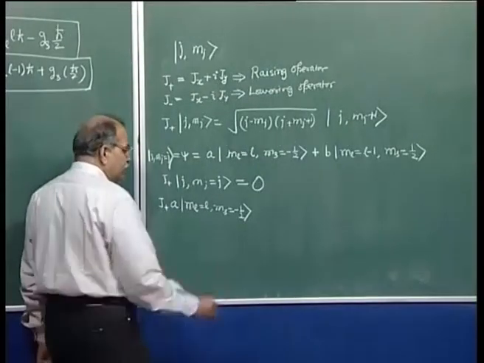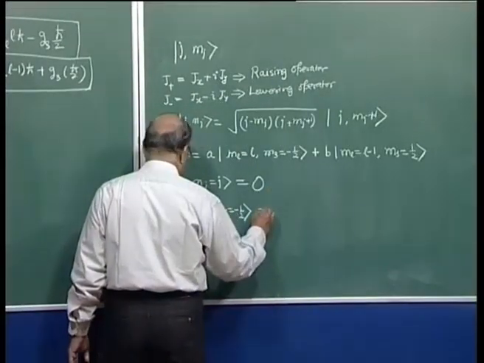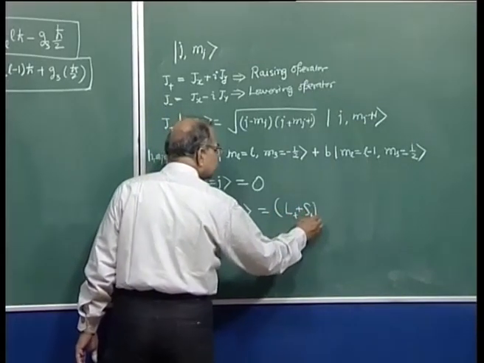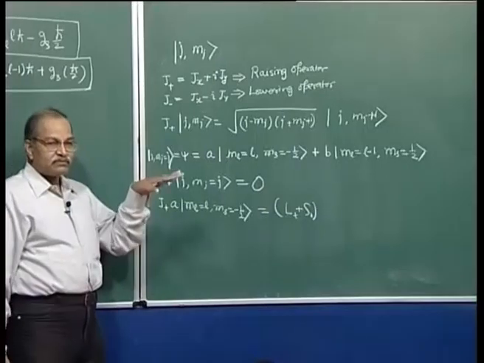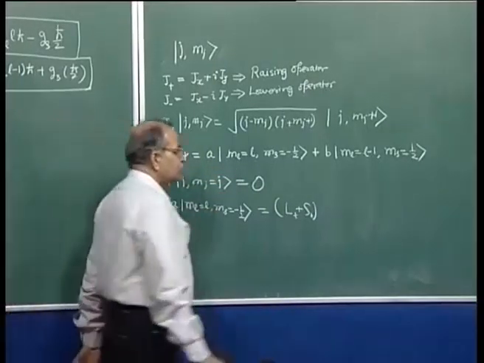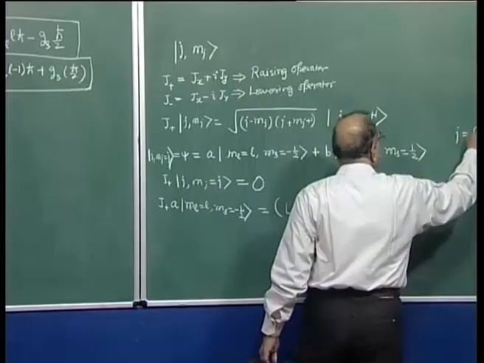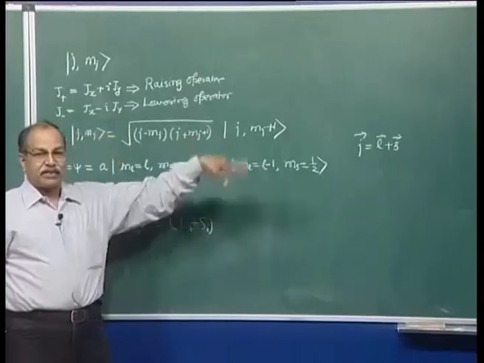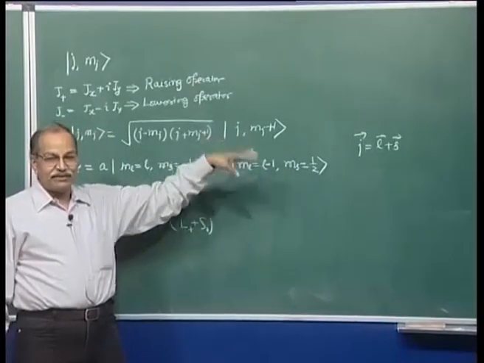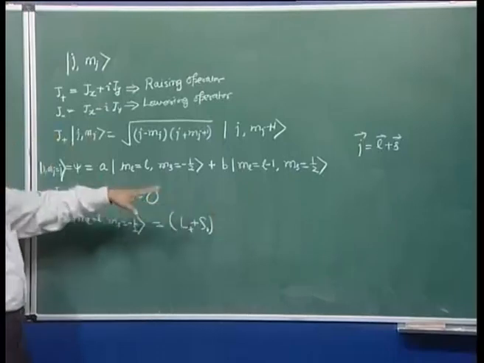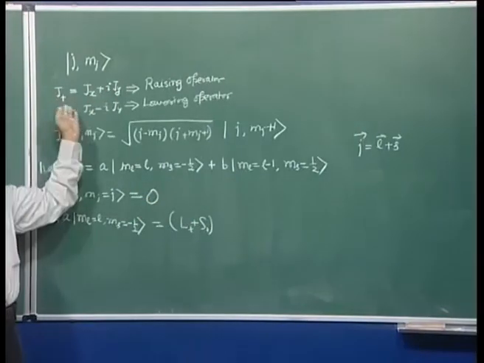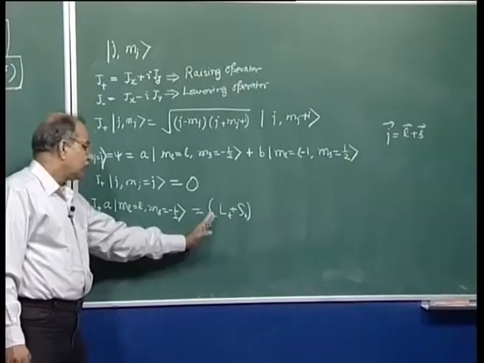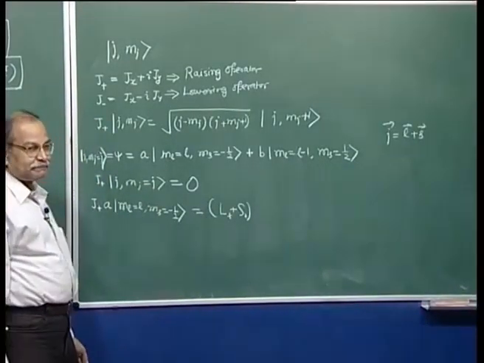Okay. Now, J plus is L plus and plus S plus, because J is coming from L plus S. This J is L plus S. So Jx is Lx plus Sx, Jy is Ly plus Sy, and therefore L plus and L minus and S plus everything will combine similarly. So J plus will be L plus plus S plus.